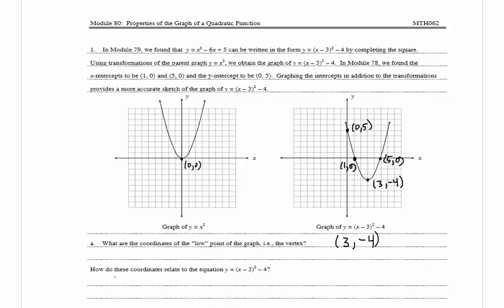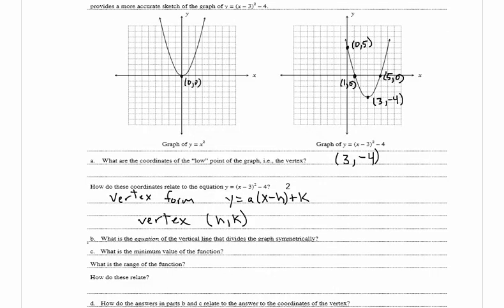If we were in vertex form, and let me give a reminder of vertex form, we have y is equal to a times (x minus h) squared plus k. Our vertex is (h, k). And here we have h represented by 3 and k represented by negative 4. So that's how we got our vertex of (3, negative 4).